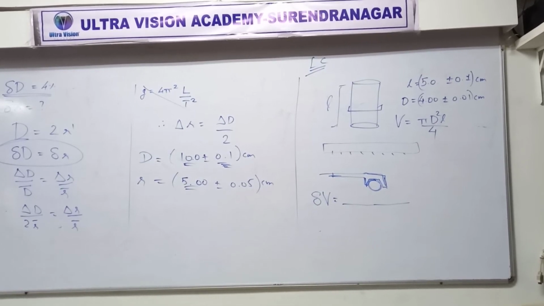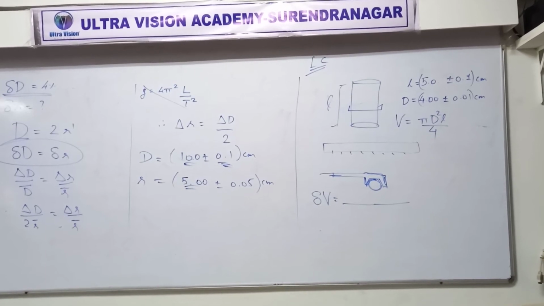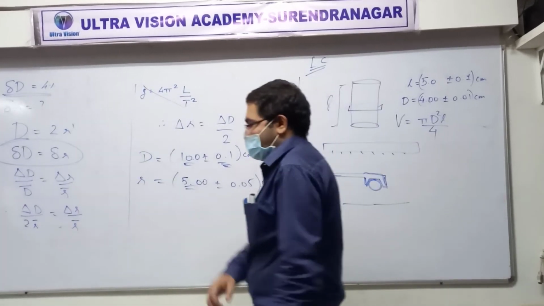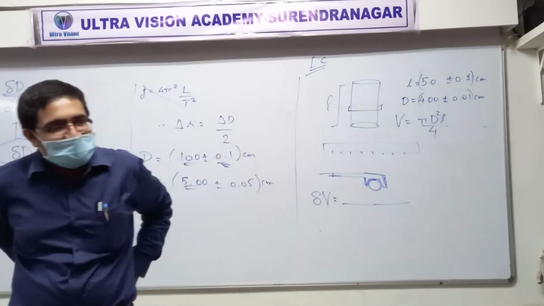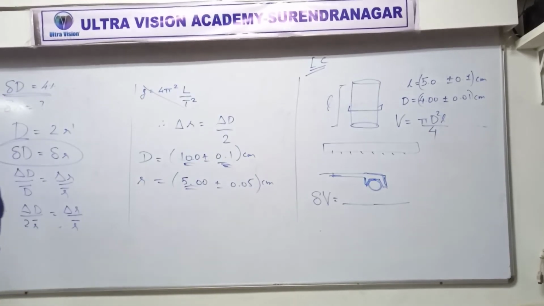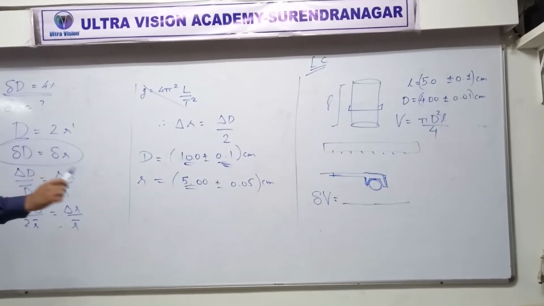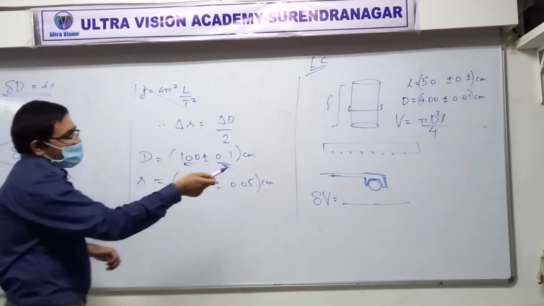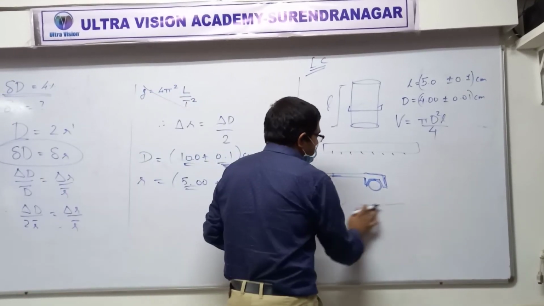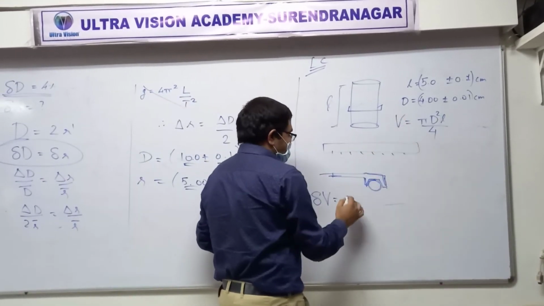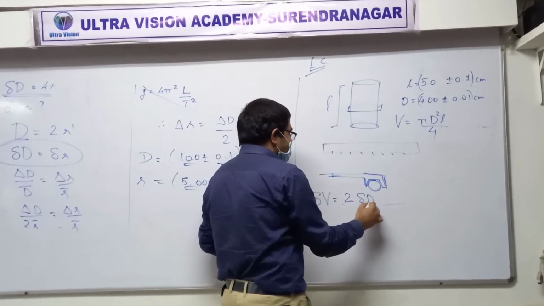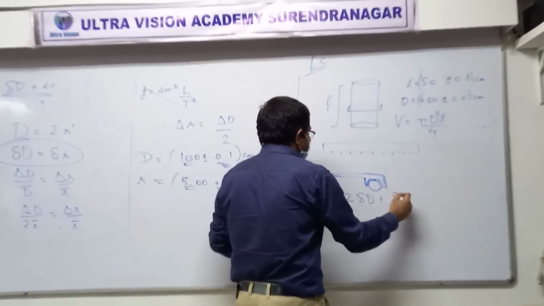Okay, looks fine. Now I'm doing it. Let's see what your ideas are so far. So del V will be 2 del D plus del L. Yes or no?